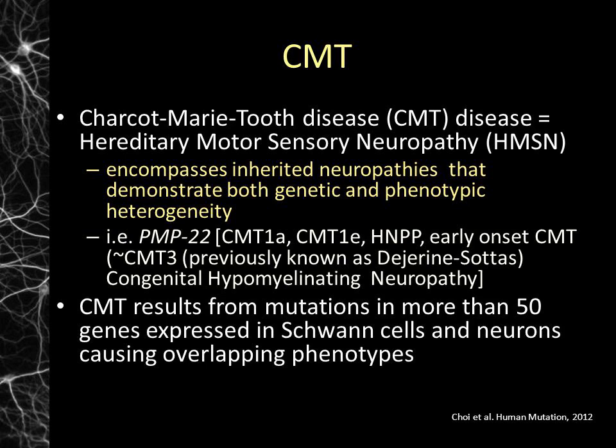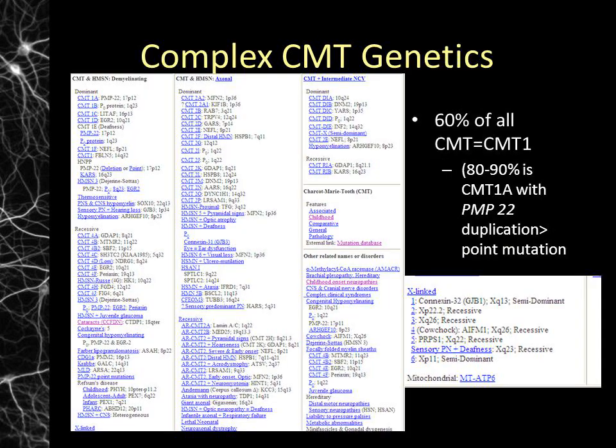Choi et al., Human Mutation, 2012, complex CMT genetics. 60% of all CMT equals CMT1. 80 to 90% is CMT1A with PMP22 duplication or point mutation.